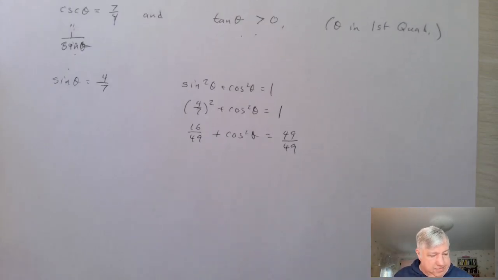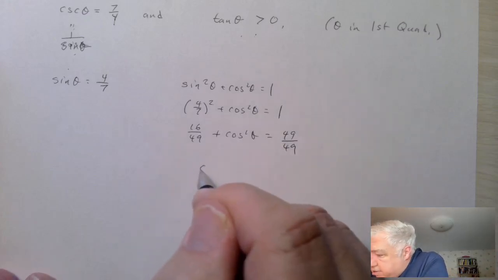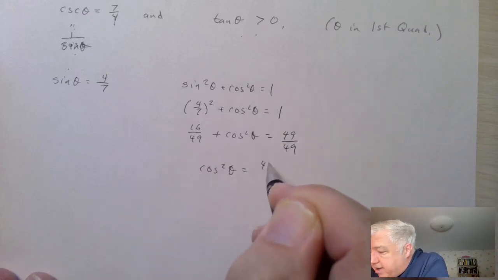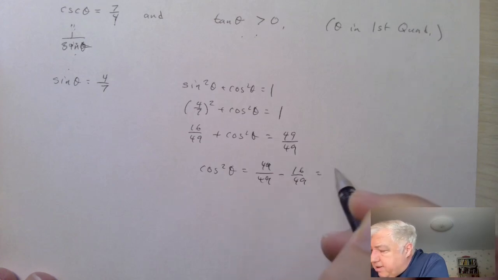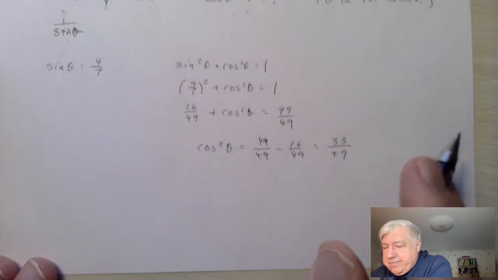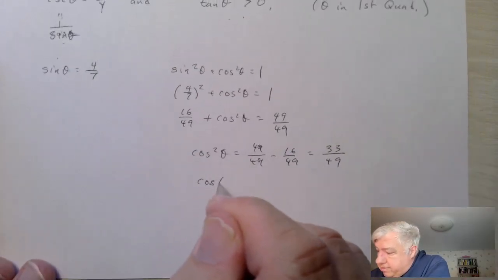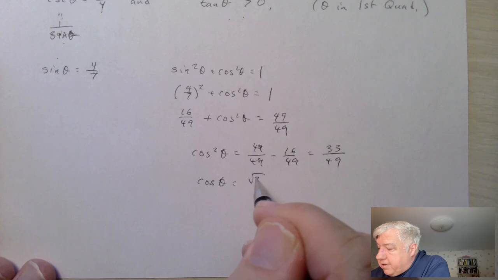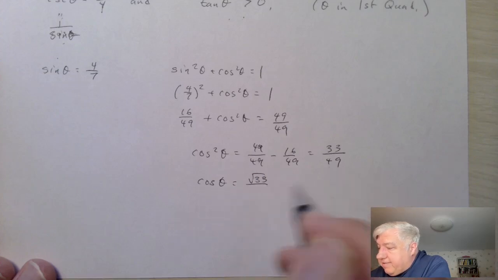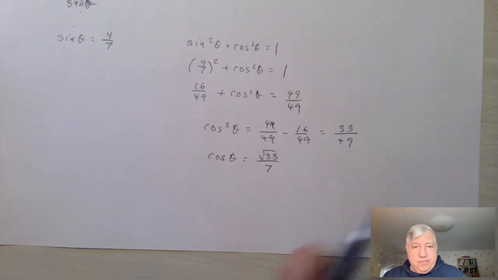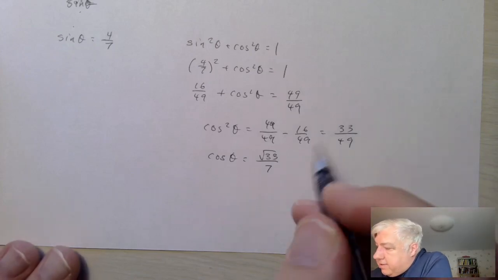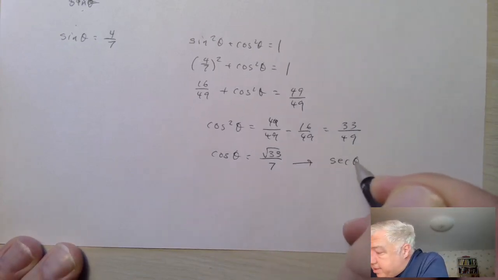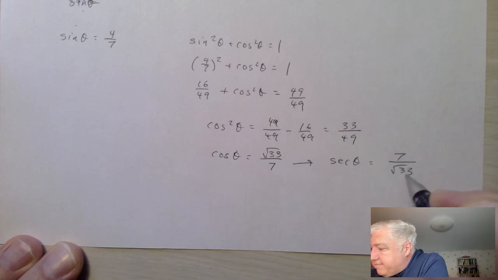So the cosine squared of theta will be 49 over 49 minus 16 over 49, which is 33 over 49. We can take the square root, and so this will be the square root of 33 over 7, because the square root of 49 is 7, and we're in the first quadrant, so cosine is positive. And this also tells us that the secant will be 7 over square root 33.